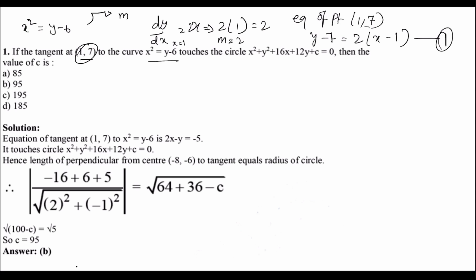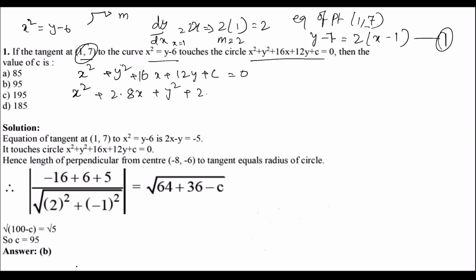Now it is said that this line touches the circle x squared plus y squared plus 16x plus 12y plus c equals 0. So we can simplify this equation using the simple a plus b the whole square rules. x squared plus 2 into 8x plus y squared plus 2 into 6y plus c.